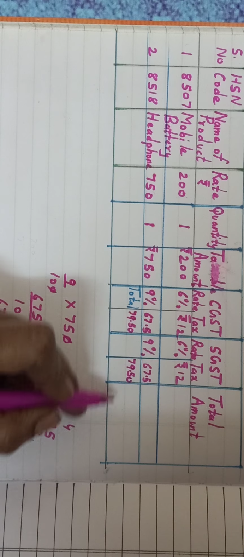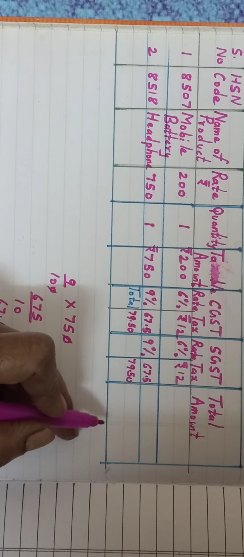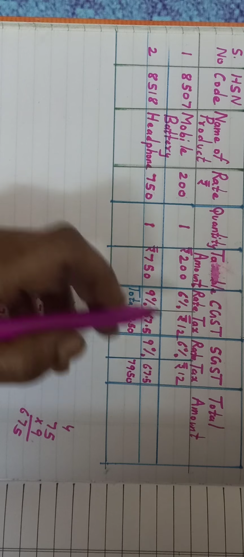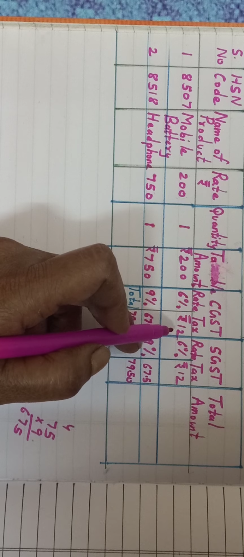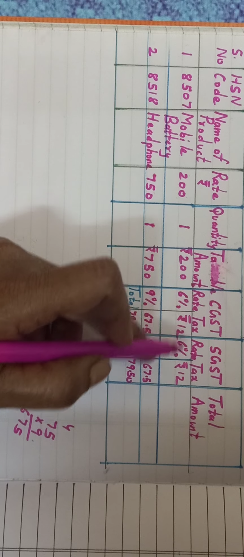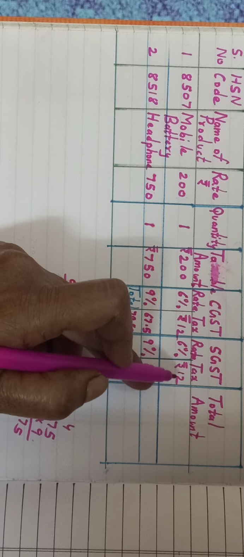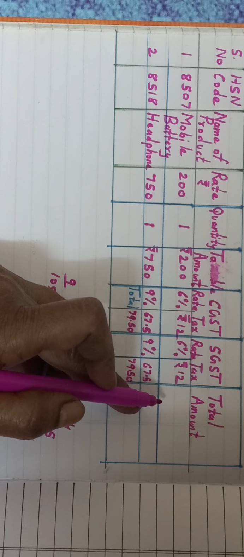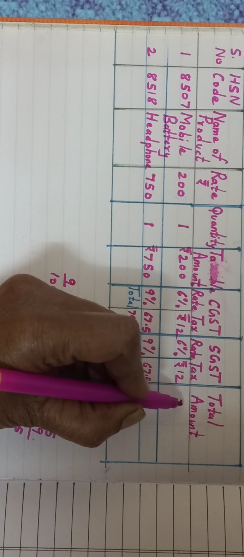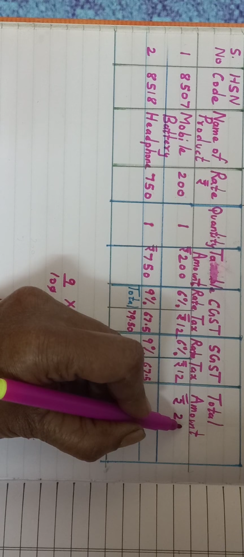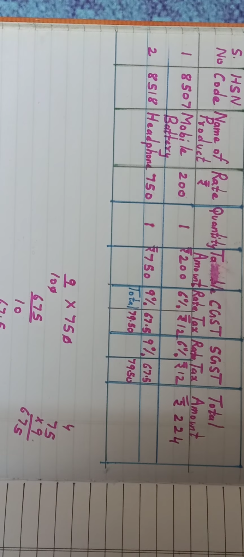In the end they write in that invoice the total amount final. And now as I said, how many times have we repeated? Taxable value plus CGST, this CGST amount I told you, this is SGST amount. This will be the total amount. So 200 plus 12 plus 12 will be rupees 224.